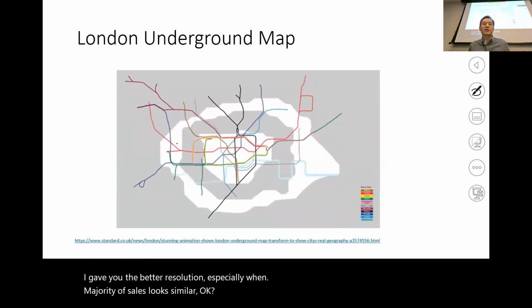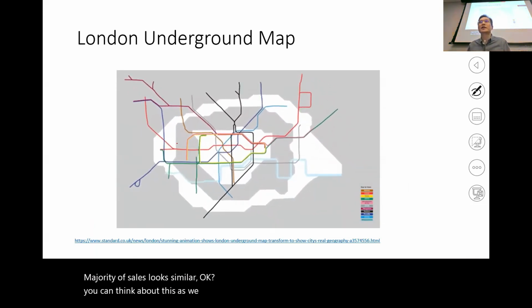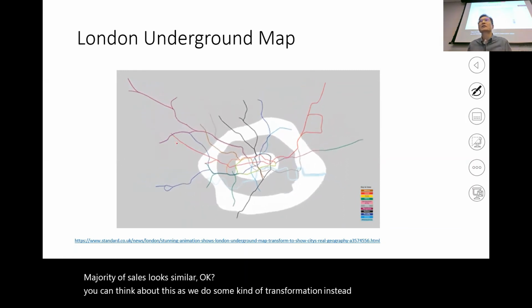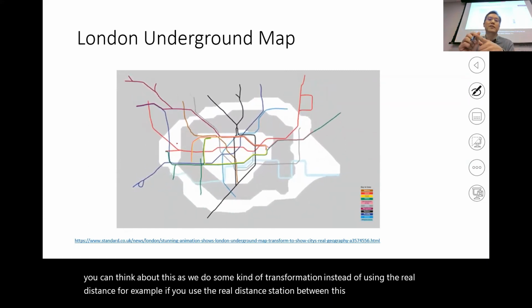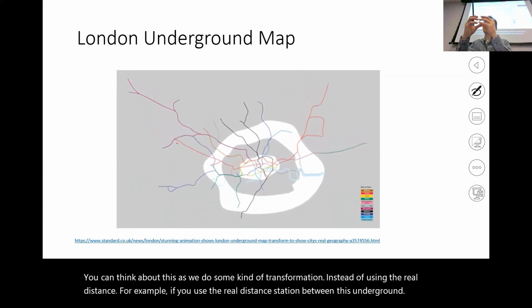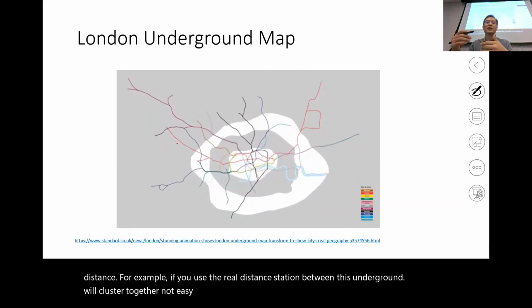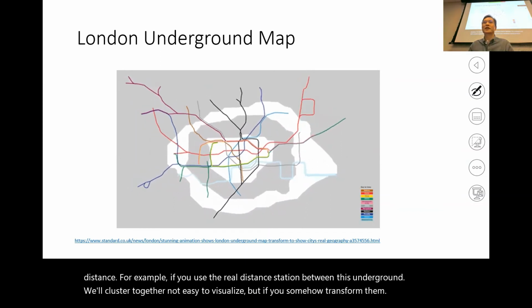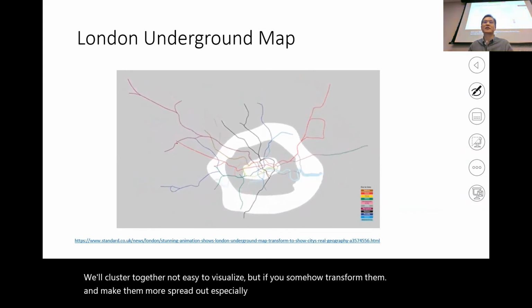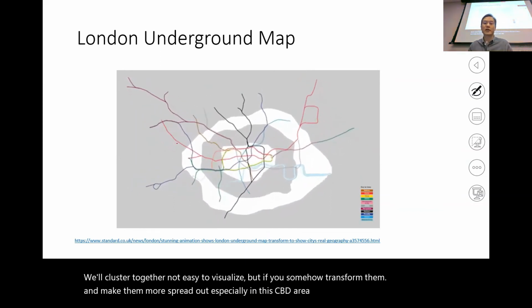You can think about this as doing some kind of transformation instead of using the real distance. For example, if you use the real distance, the stations in the underground will cluster together, not easy to visualize. But if you somehow transform them and make them more spread out, especially in the CBD area, you get a better resolution.